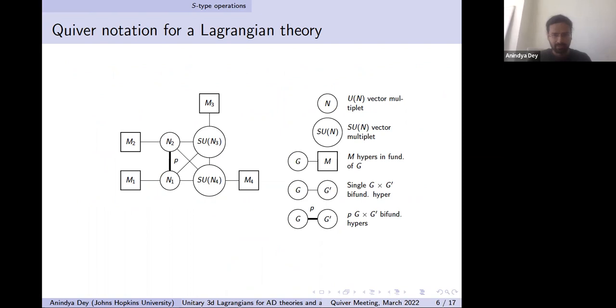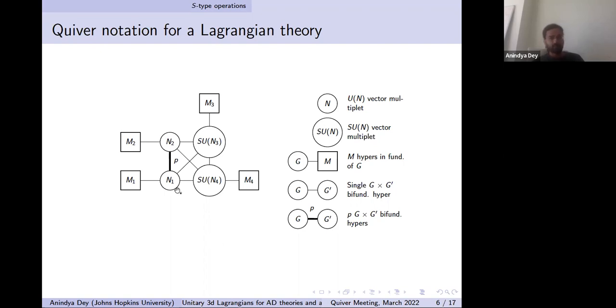So before I discuss the 3D technology, let me discuss a little bit about the quiver notation that we're going to use. I think this is familiar to most of you. I designate the vector multiplets explicitly, so there will be two kinds, U(N) and SU(N), and this is how I designate them.